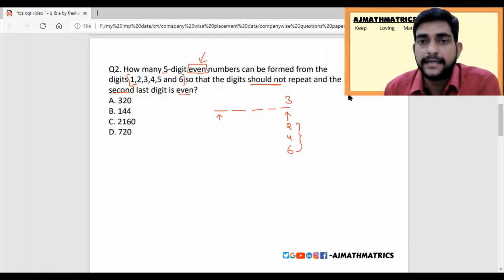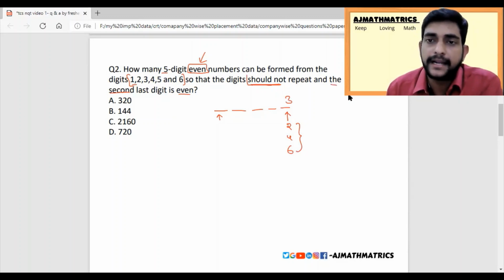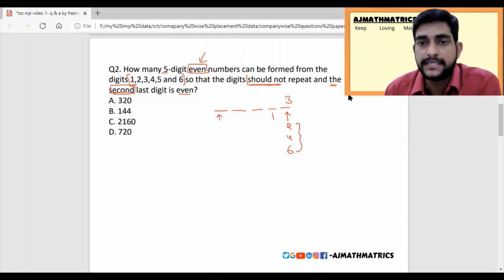The digit should not be repeated, and the second last digit is also an even number. For the units place we have 3 possibilities, and since the units digit should not be repeated, for the second last place we have only 2 possibilities.